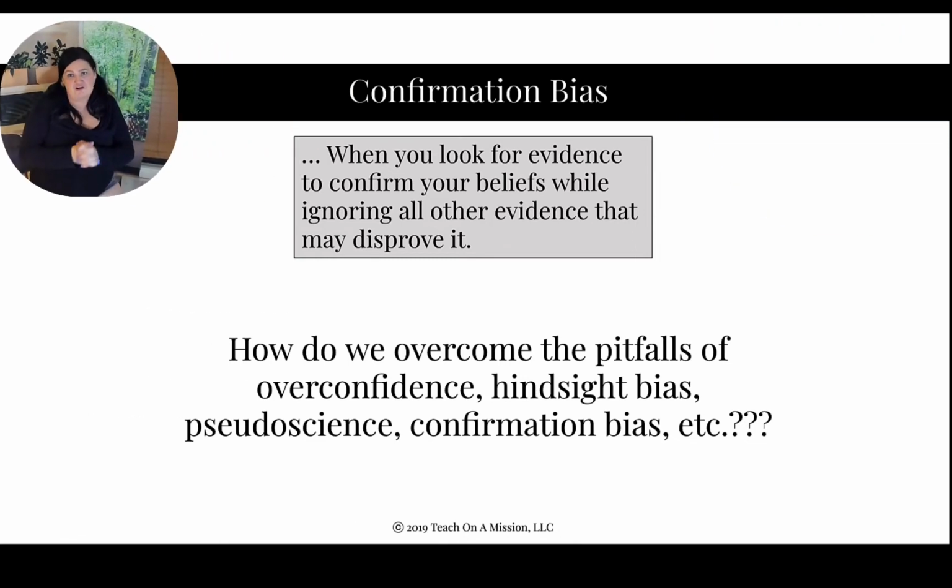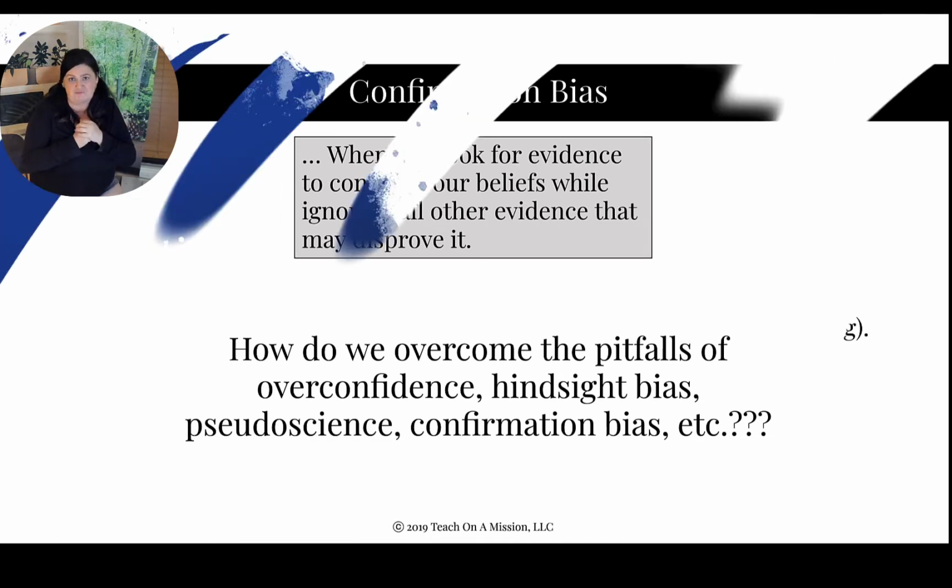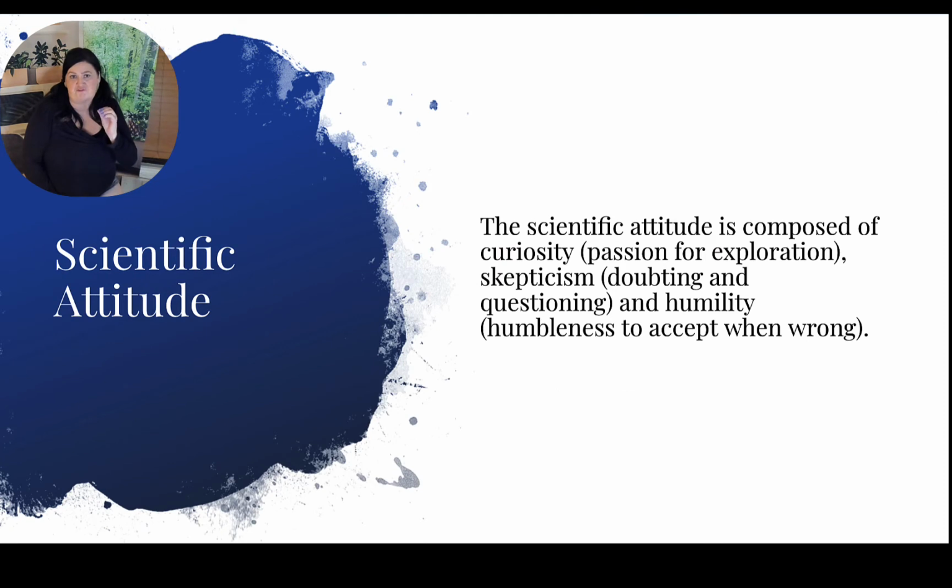So, how do we overcome the pitfalls of things like overconfidence, hindsight bias, pseudoscience, confirmation bias, all of these things? Well, that's what these notes are all about. We must have what we call a scientific attitude, or mindset, you could say, which is step number 1. This attitude is composed of curiosity, wanting to explore.